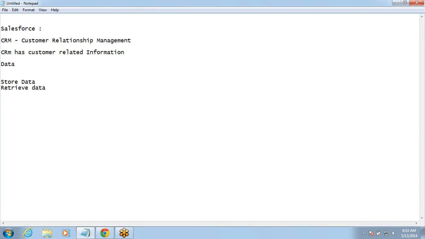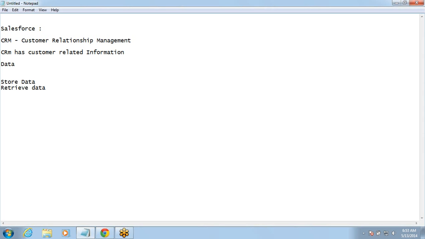You also need to retrieve data. Fine. So putting the data into the system is one part. Retrieving it, and with speed, fast retrieval of data, is also required. So let's say when a customer comes to you and asks you for a piece of information, what do you do at that time?